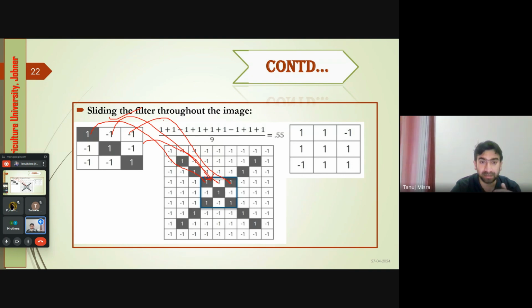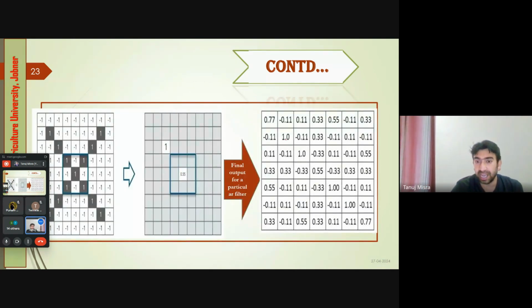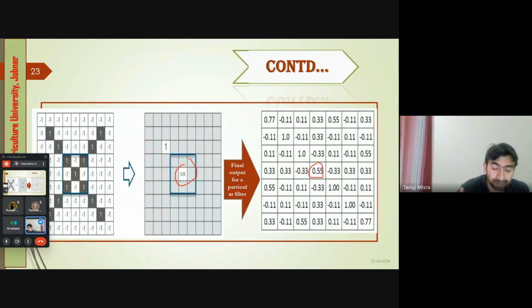I'll tell. Okay, I'm telling it. This is easy to understand. So after this convolution process, this will be the structure. Okay, these values will be replaced here with 0.55. So after convolution, actually we know, just recall what I have told.